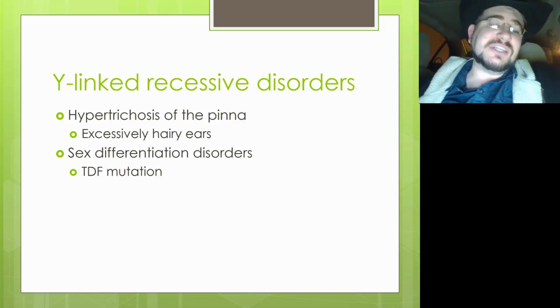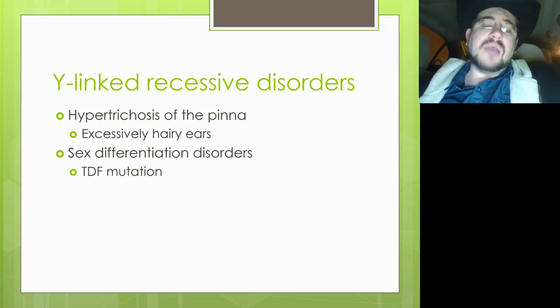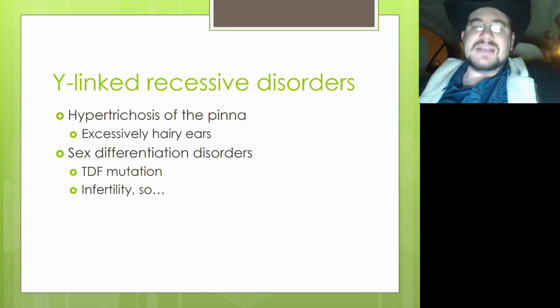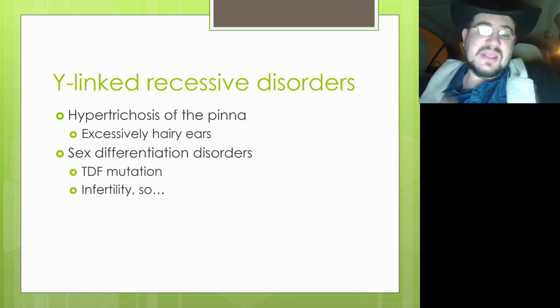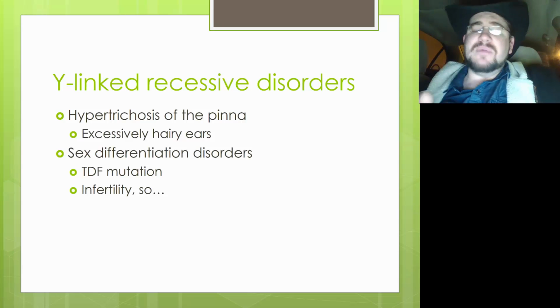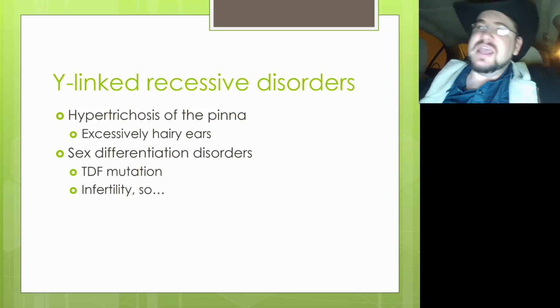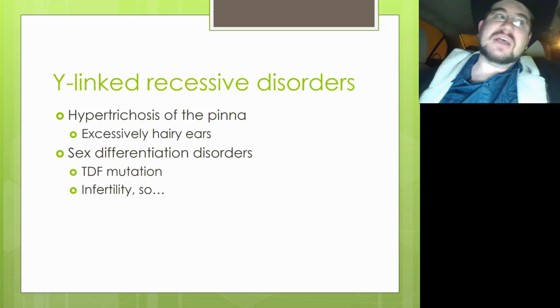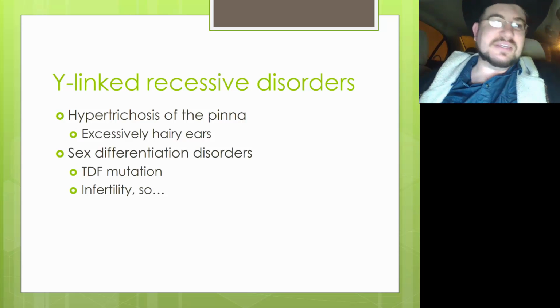So if you have mutations in the TDF gene, you can result in disorders of sexual differentiation. And that tends to really cause infertility. No matter how it manifests, infertility tends to be the result. So this is not really something, as much as I hate saying this out loud, that people have to worry about passing on to their children, because they're not having any.